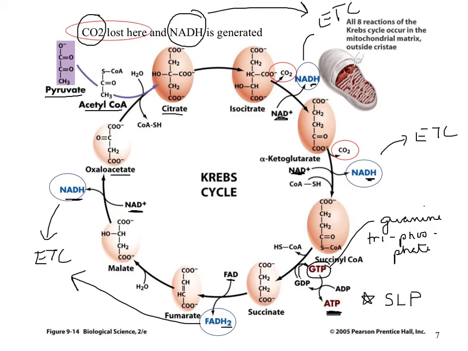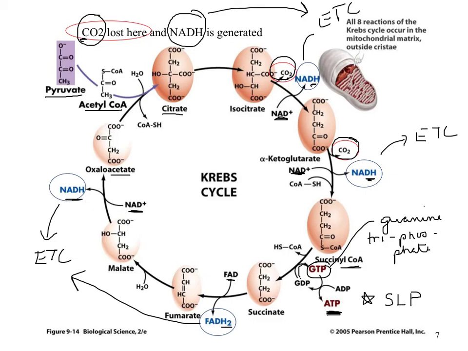I also want to point out the carbons. Remember that each pyruvate is a 3-carbon molecule, and that for each one glucose there were 2 pyruvates formed. Each pyruvate is fully oxidized to carbon dioxide. 1 carbon dioxide was produced in the original preparatory reactions, a 2nd carbon dioxide is produced here, and a 3rd carbon dioxide is produced here. So by the time we have gotten to the succinyl-CoA step of the Krebs cycle, we have all of the carbons in pyruvate fully oxidized to produce CO2.